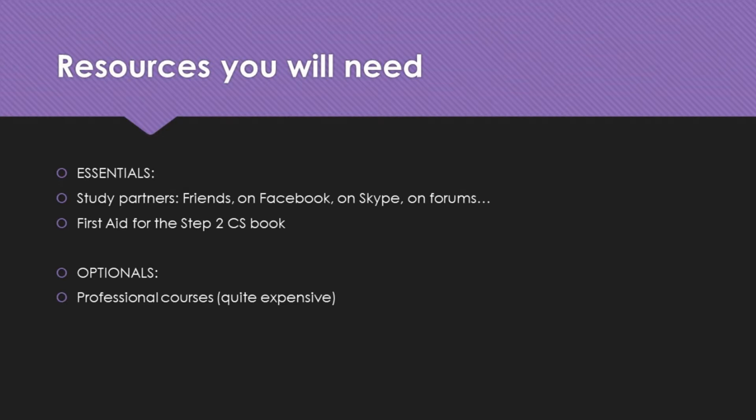The study partners can be your friends, medical friends preferred, or people who have no idea about medicine. You can find study partners on social media websites such as Facebook, on Skype, on forums. Just post a question on the appropriate group asking who is giving the exam when. And if your timelines match and if your study techniques match, you can maybe practice cases together.